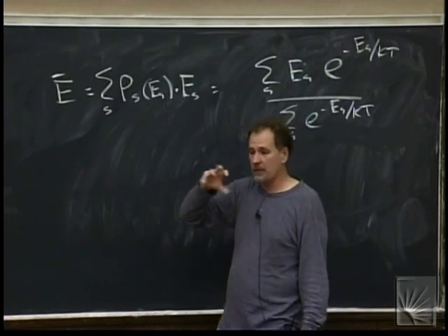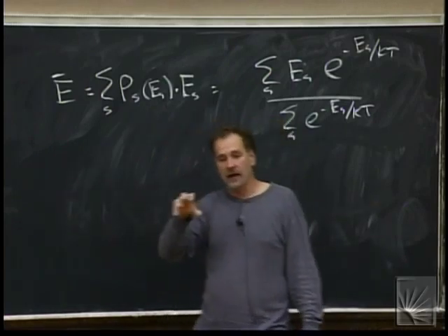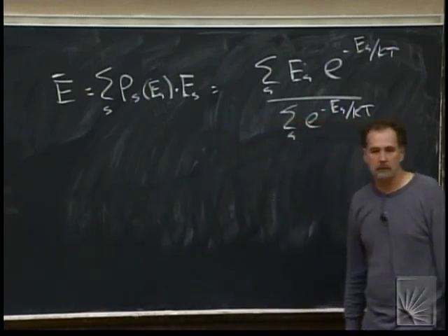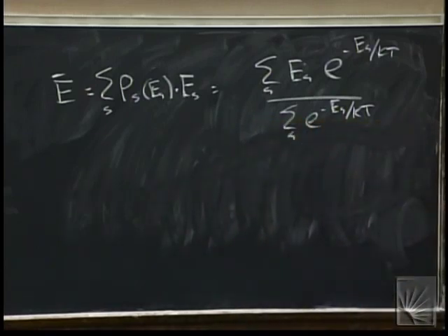I could talk about the probability of an energy, and that's all right. I just take this thing and multiply it by the number of states that have that energy. Just a slight normalization change, and that's okay. All right? Any questions?